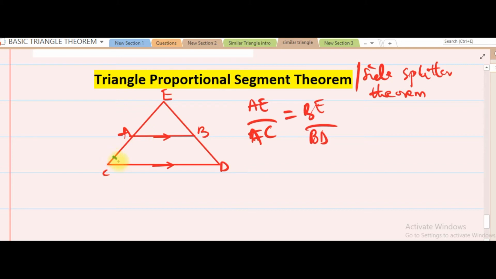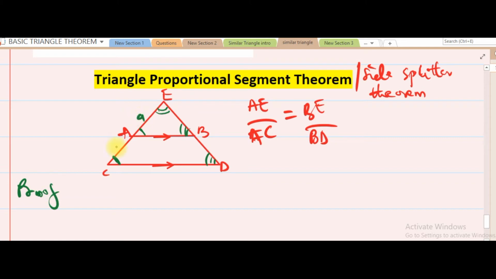You know that this angle corresponds to this, and the other one corresponds to this. So we have triangle EAC similar to triangle ECD, similar to triangle EAB by the angle similarity theorem.